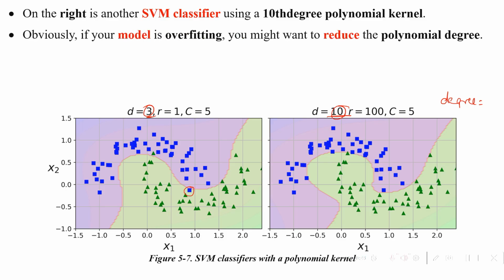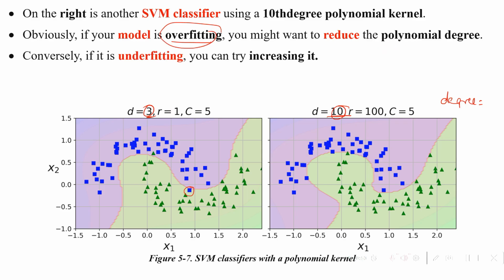Now here, if the model is overfitting, we might want to reduce the polynomial degree. Suppose the model is going to be overfitting, at that time we are going to reduce the polynomial degree. If it is underfitting, we can increase the degree value. So there are two types of problems, overfitting and underfitting.